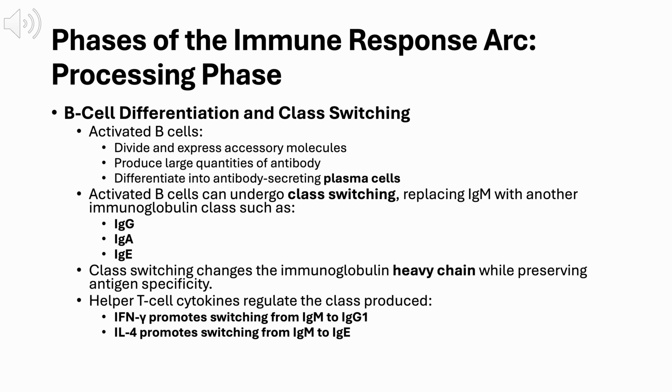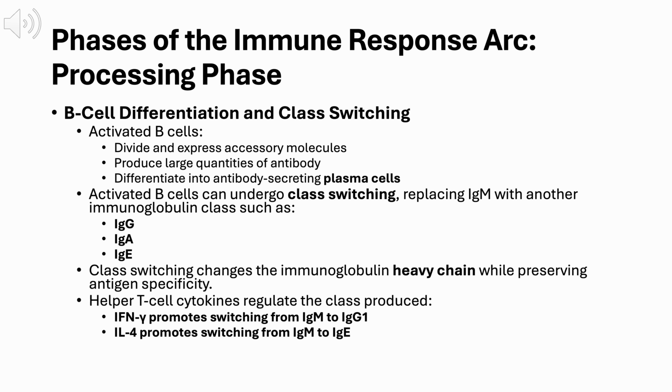It divides, expresses accessory molecules, ramps up to produce large quantities of antibody, and ultimately differentiates into antibody-secreting plasma cells, the dedicated antibody factories. But the most clinically consequential trick is class switching. Activated B-cells can swap their initial IgM for another immunoglobulin class, IgG, IgA, or IgE.